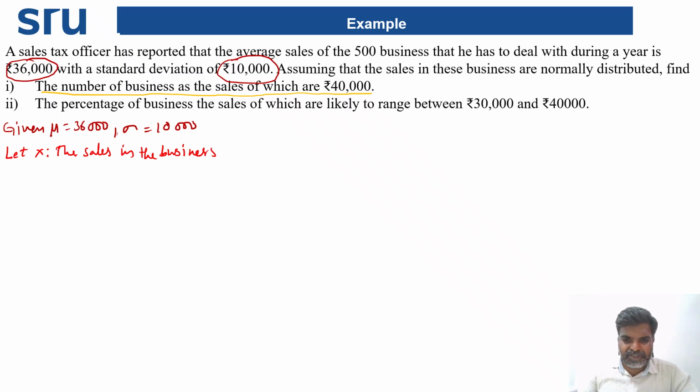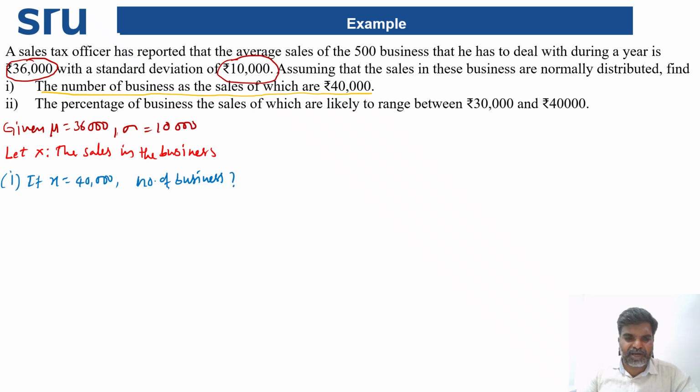Now I am taking the first question. See, in this first question, what is the question? Once again you can see here, the number of businesses whose sales are 40,000 means if X equal to 40,000, you have to find the number of businesses.